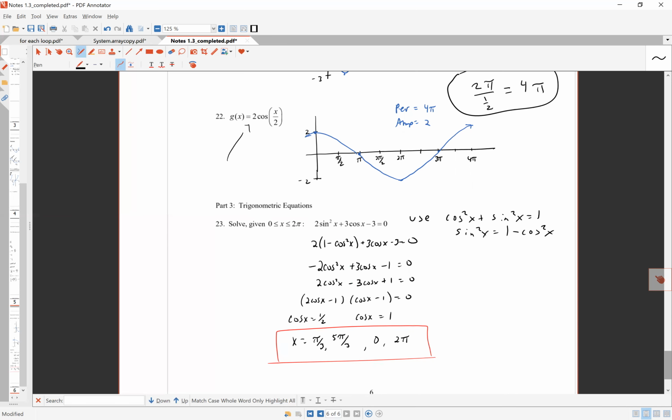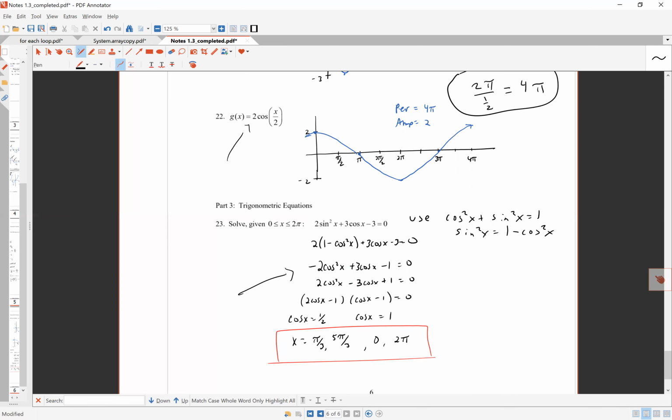So sine squared x is equal to 1 minus cosine squared x. You see how we replace sine squared with 1 minus cosine squared? And then we just expand and combine like terms, and you end up with the equation right here: minus 2 cosine squared x plus 3 cosine of x minus 1.